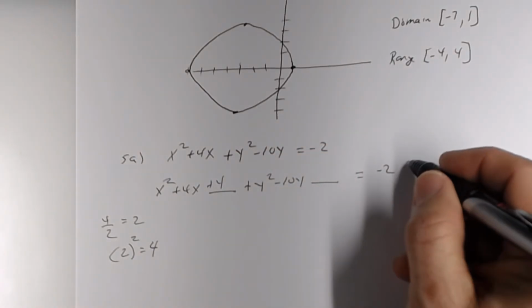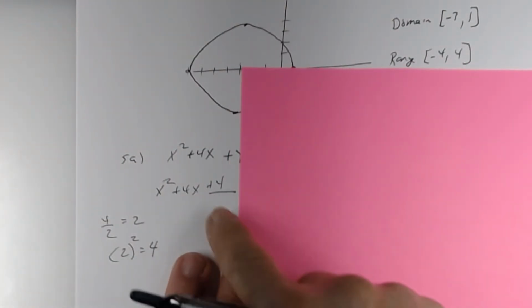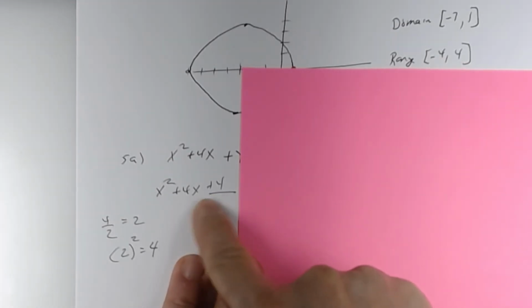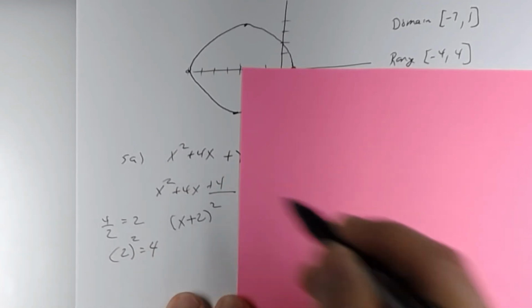So I'll do plus 4 here. So that trinomial x squared plus 4x plus 4, if I did this correctly, should now be a binomial squared. Is it? Yes. What is it? X plus 2 squared.